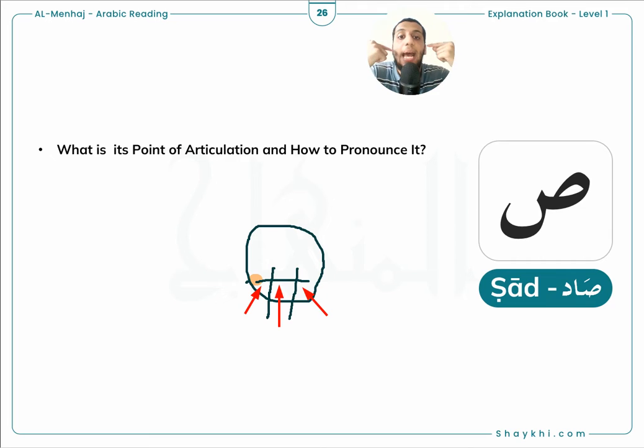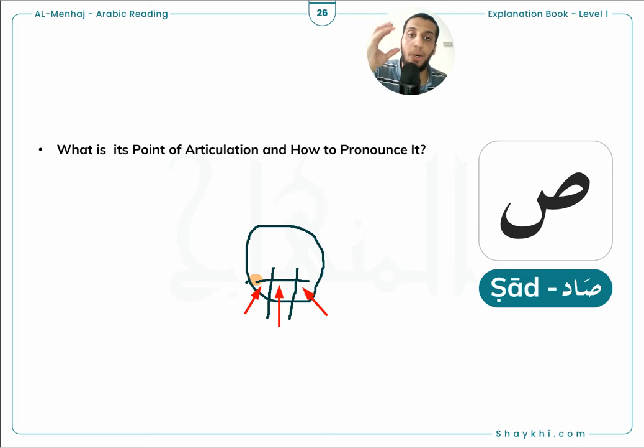And then the sound passes between the upper and lower front incisors. So the tip of the tongue touches the edge of the lower front incisors, and then the air passes between the upper and lower front incisors.